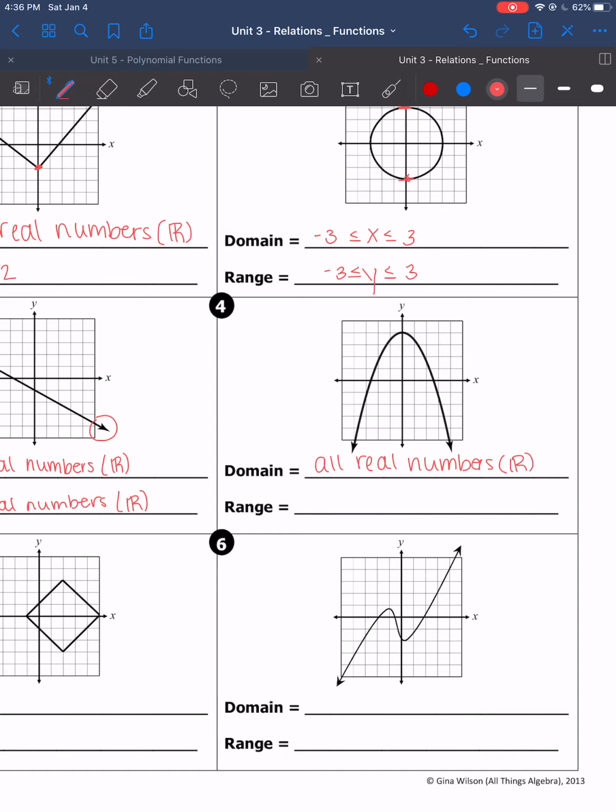And your range, as you go from top to bottom, doesn't cover quite everything, but gets pretty close. So right there, since it's going down, y is less than or equal to 4, because the y value of that point is 4.